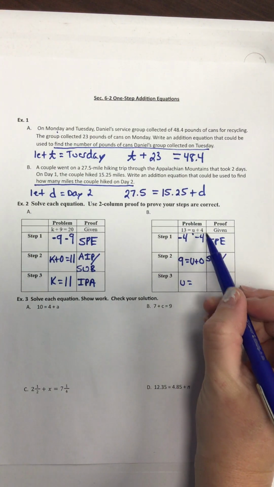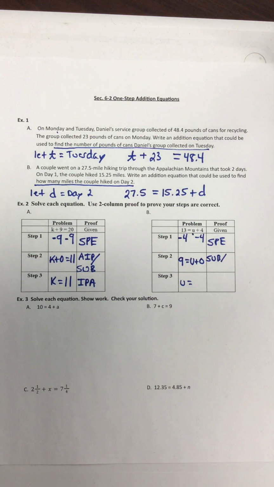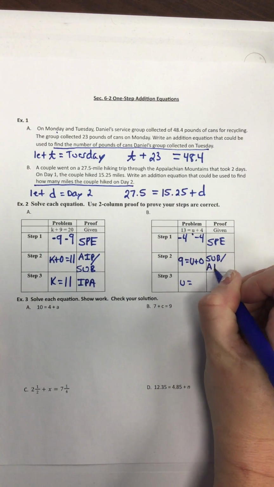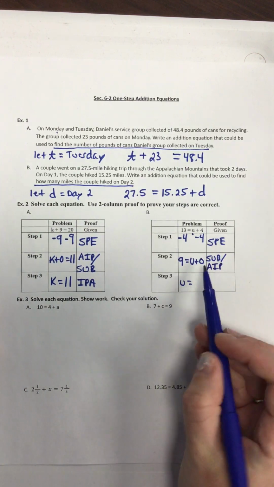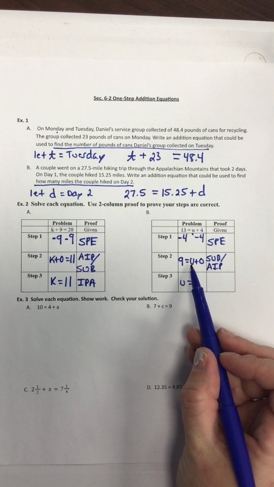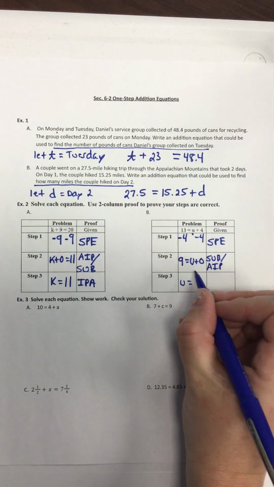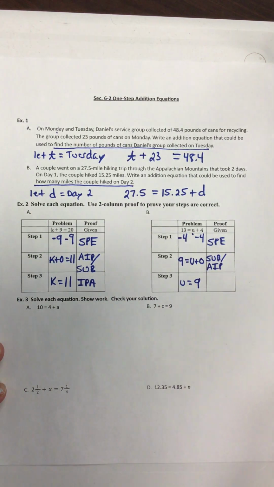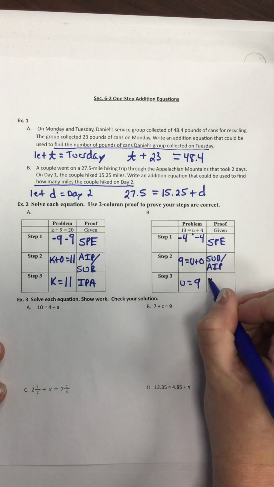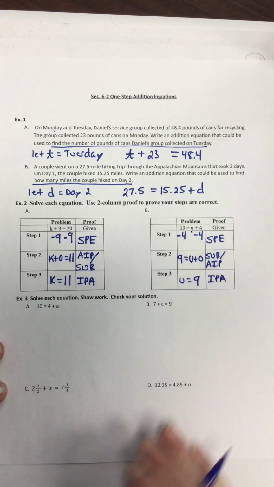To do 4 minus 4, though, that would be the additive inverse property again, realizing that if I take a number minus itself, it's going to be 0. So additive inverse property. And then again, realizing that u plus 0, anything plus 0 is itself, so that's the same as just u, and then I'm left with 9. And so that again is the identity property of addition.